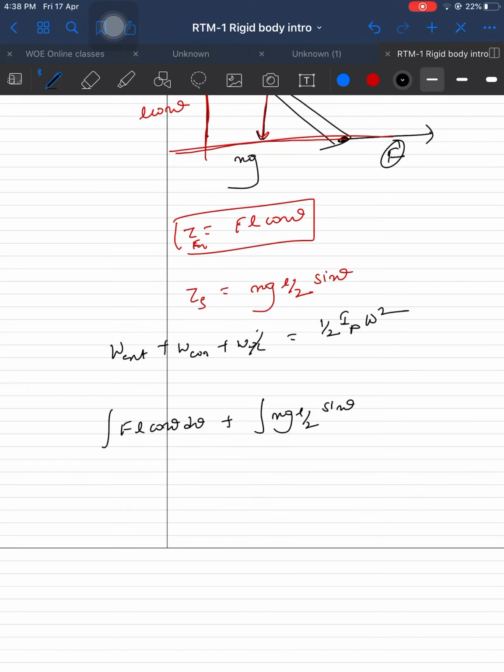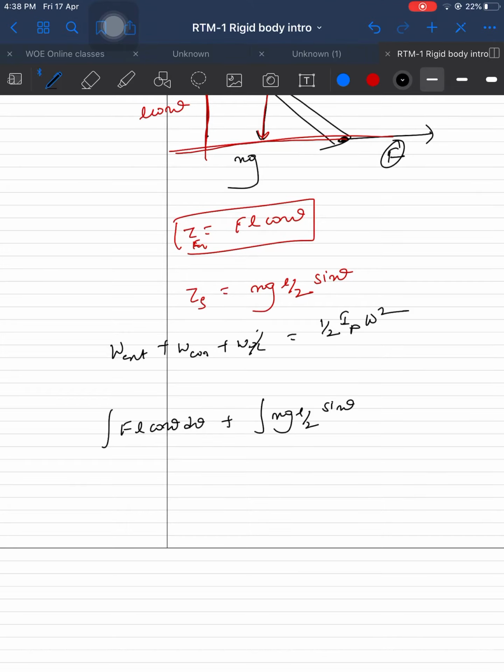Now FL cos theta integration gives sin theta, so sin theta minus 0, sin theta only. And mg into L by 2 sin theta integration gives minus cos theta, from 0 to theta. It is equal to half ml square by 3 into omega square.